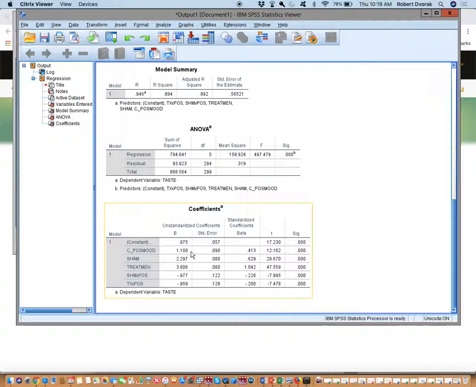Positive mood here is what? Perfect. The slope between positive mood and taste for the control group. Those two things are both the effects in the control group. What is sham? What does this indicate? What does that slope mean?